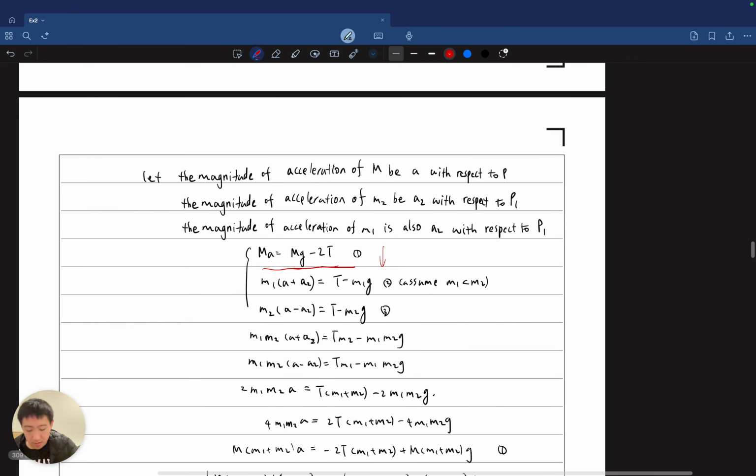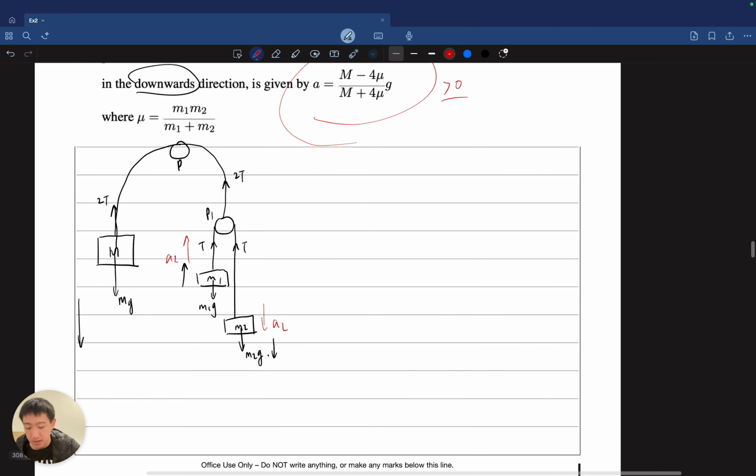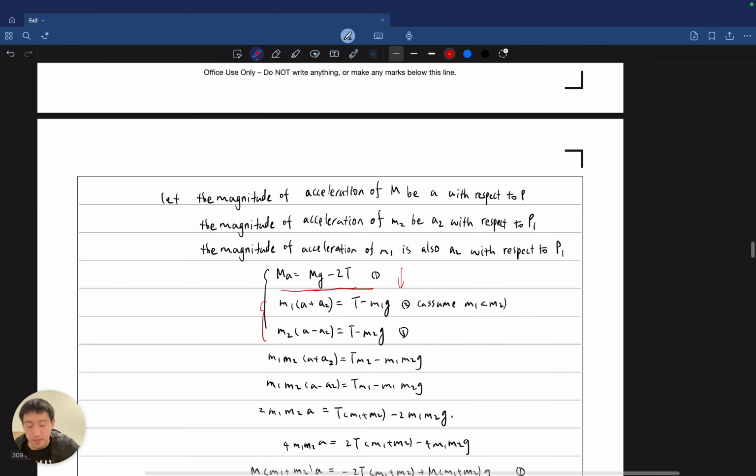Now these two are a bit more tricky because, as I just said, it's moving relative to P1, but P1 is also moving. So look at M1. M1 itself is moving up, P1 is also moving up, so you can add them up together. And since it's moving up, you use tension minus gravity.